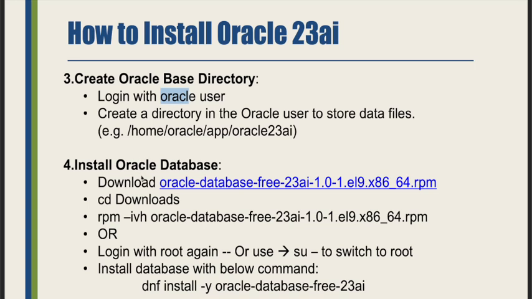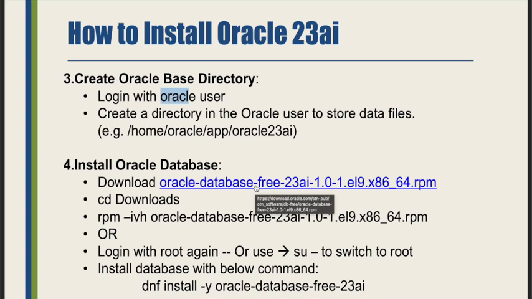So then we will install Oracle database. There are two ways to install. You can download this RPM, and the link is available here. When I hover the mouse over it, it shows you the path. You can use that path to download, then go into downloads and install the RPM as a normal rpm -ivh command.